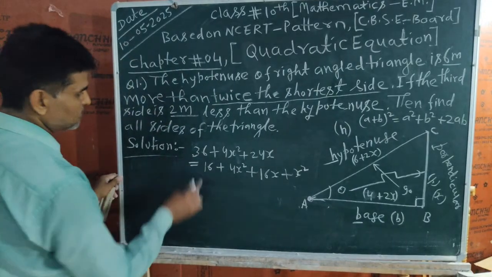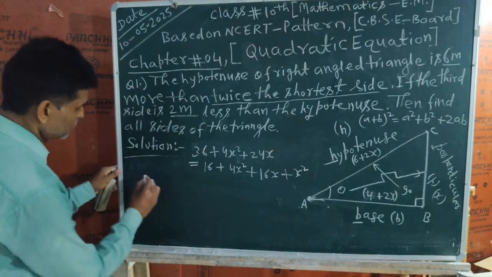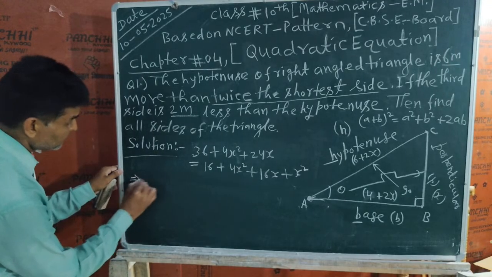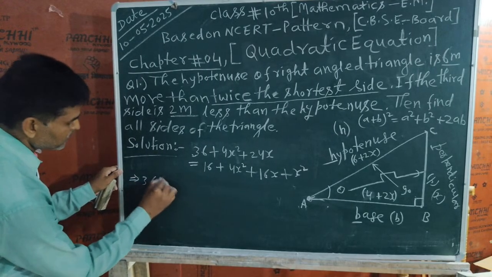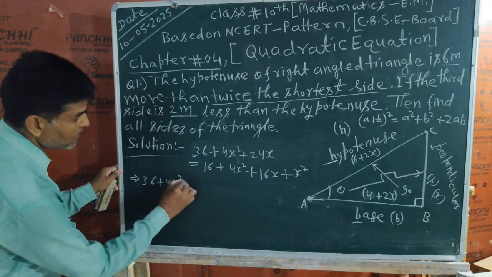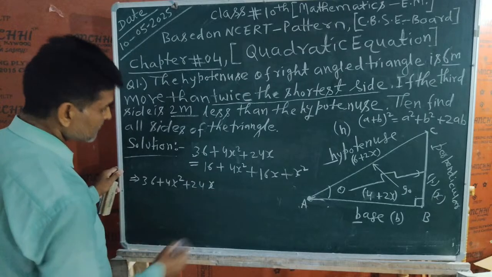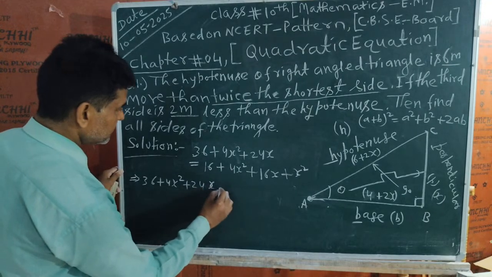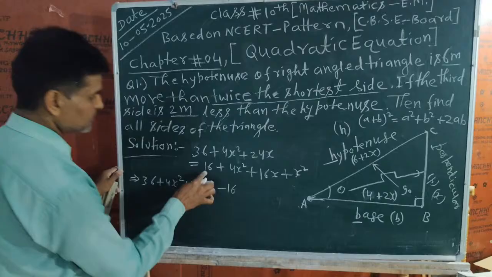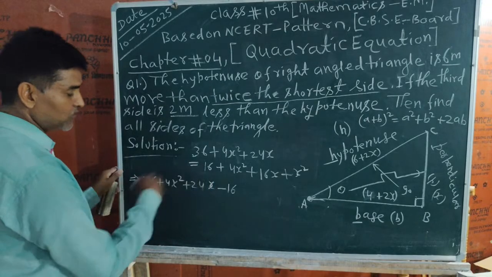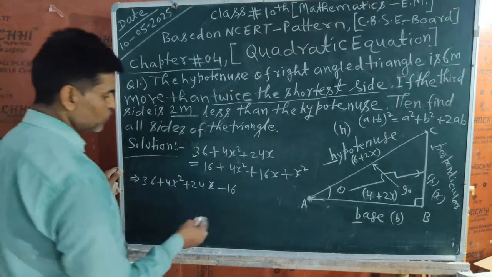Now each and every term I will take to the left hand side, so I will write that 36 plus 4x square plus 24x, and then minus 16, because this 16 has a plus sign, it will come to the left hand side and its sign will change.